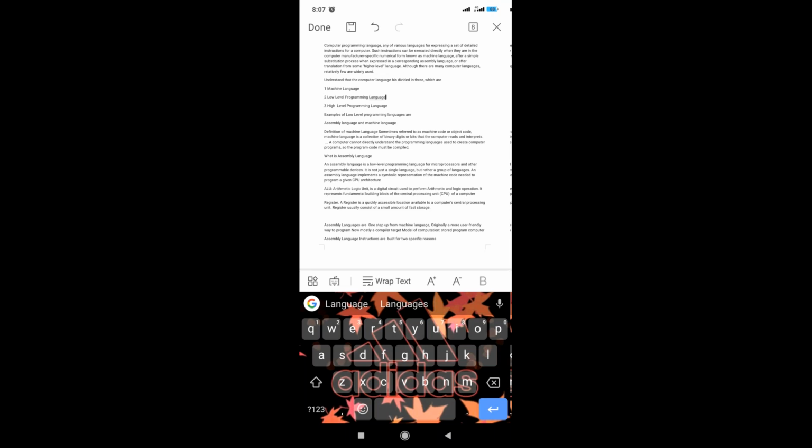The second one is low-level programming language. The third one is high-level programming language. These are the three languages for computer systems.